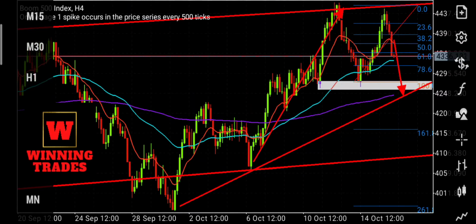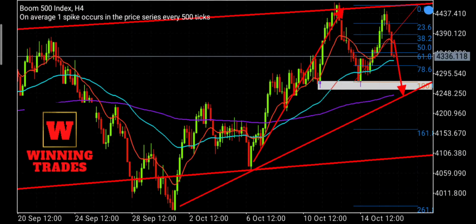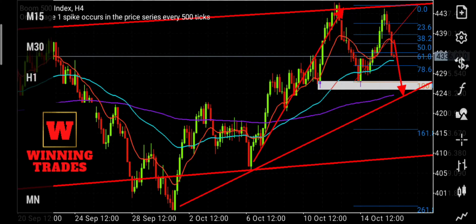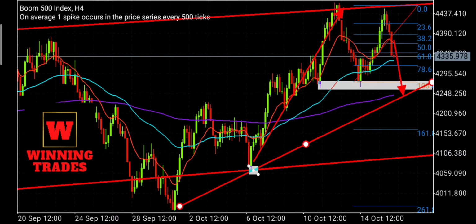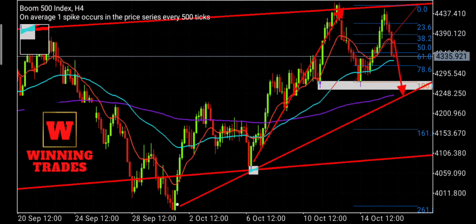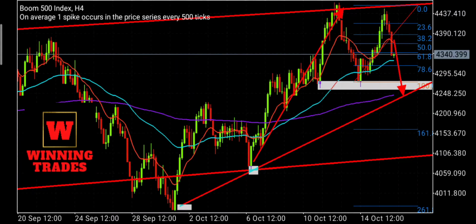We can see the first touch here, and the second touch here.